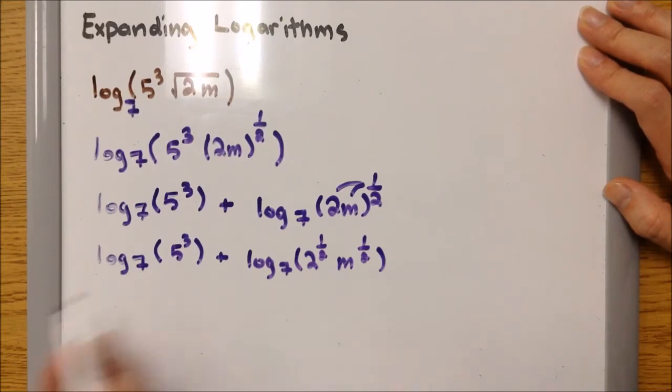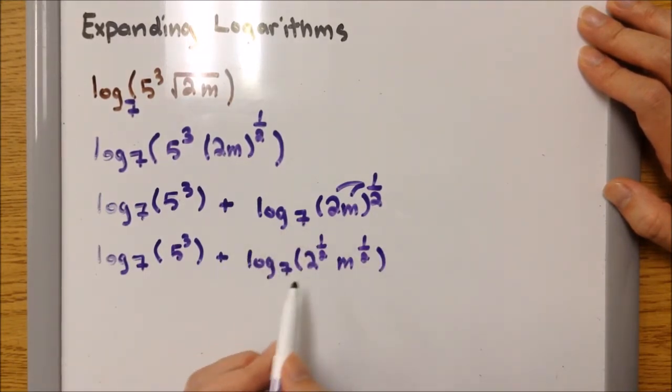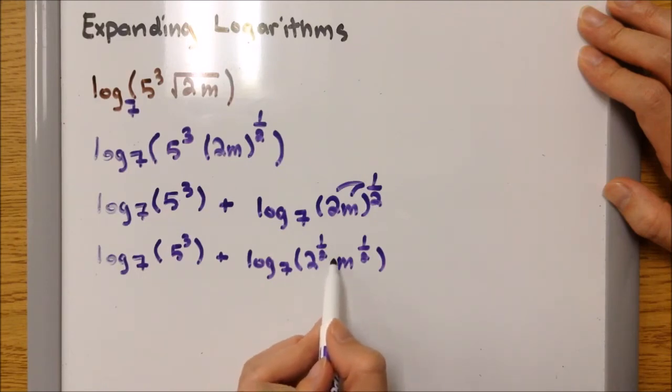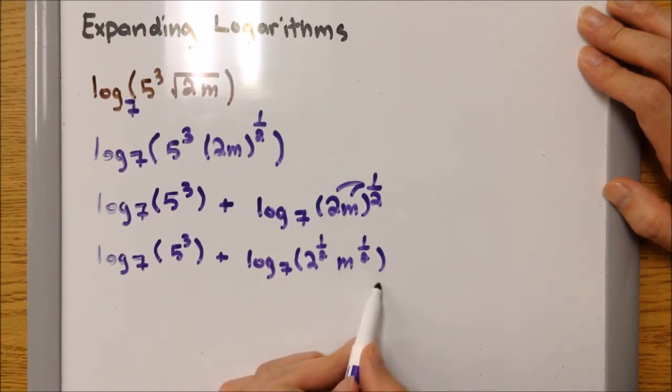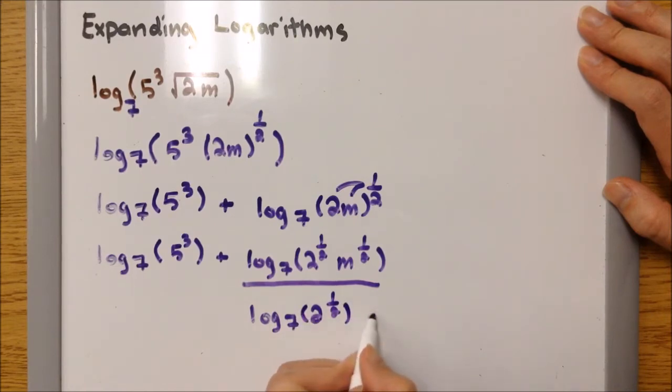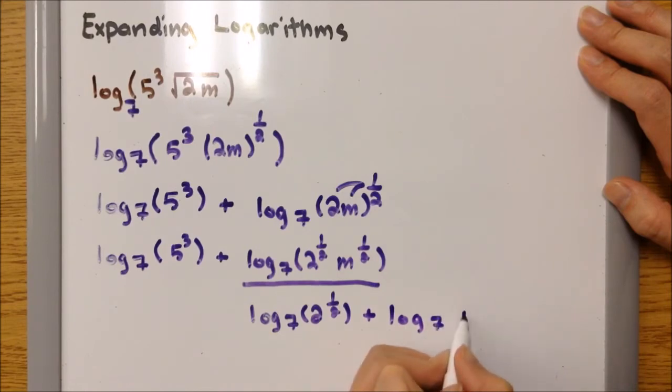So here I distribute the exponents, and then again I notice that 2 to the 1/2 power is multiplying with m to the 1/2 power. So actually I can split this again. So I can split these two, where it's now log base 7 of 2 to the 1/2 power plus log base 7 of m to the 1/2 power.